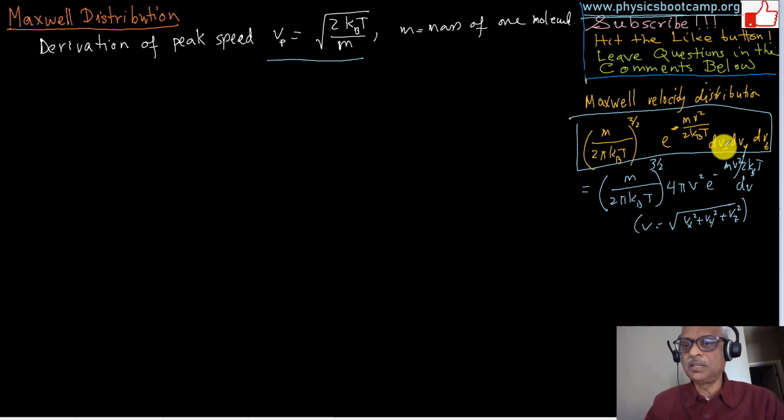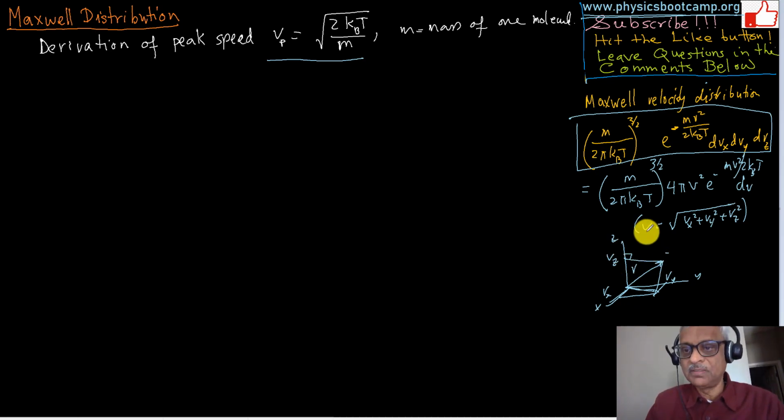So this is the component. If the velocity is v, the speed is v, then it will have some x component, and if this is projected like that, this will be along the x direction vx, along the y direction vy, and parallel to that at 90 degrees, this will be vz, the z direction.